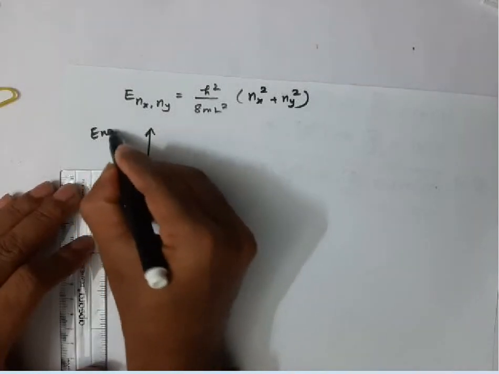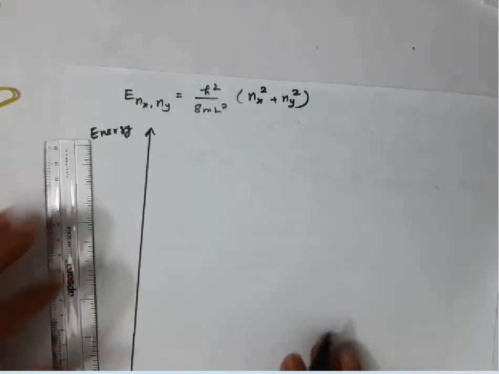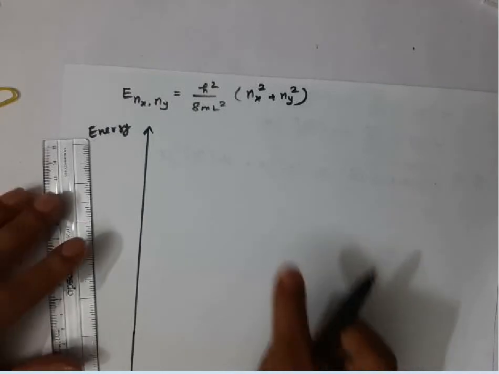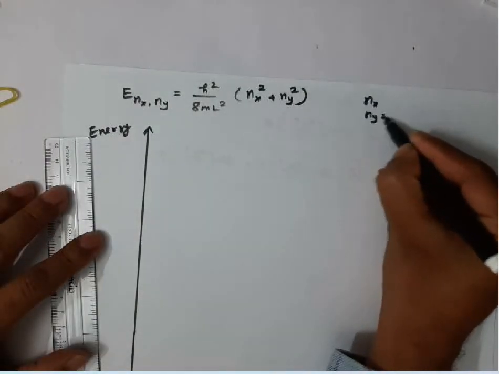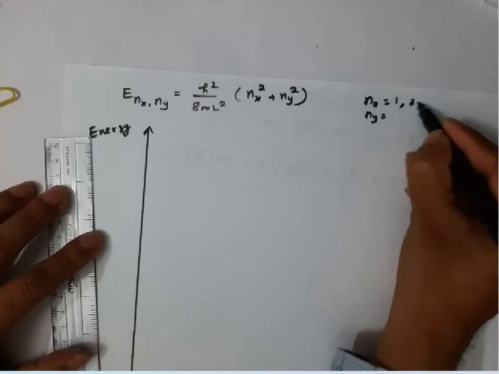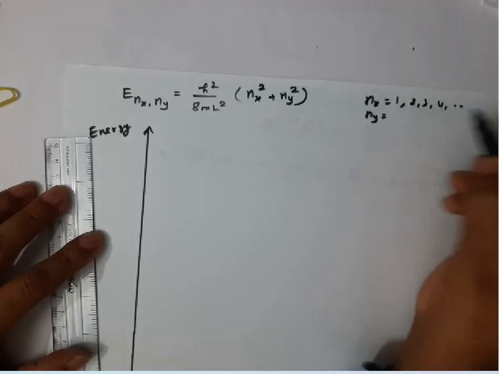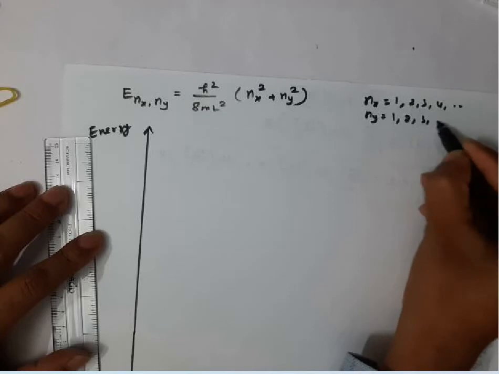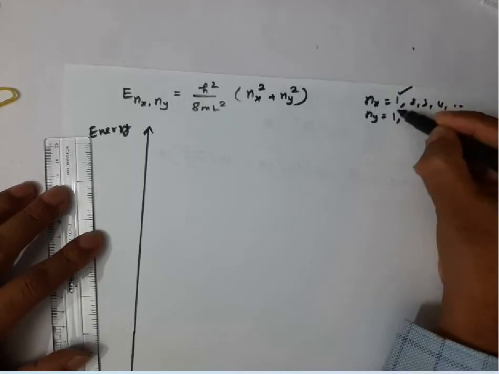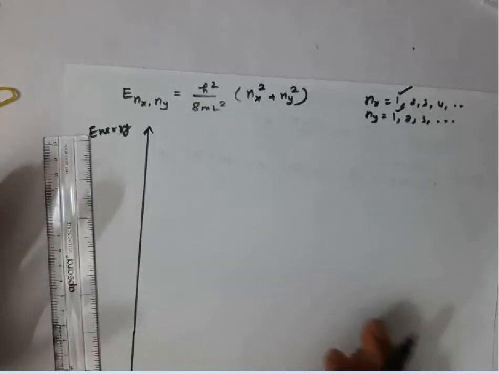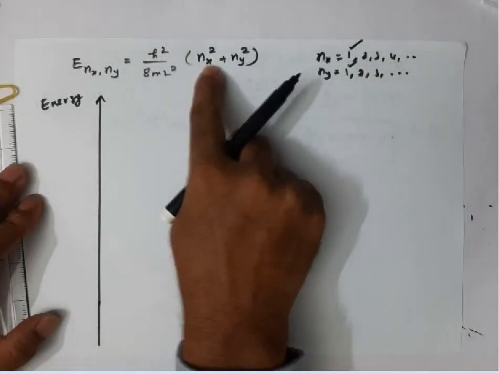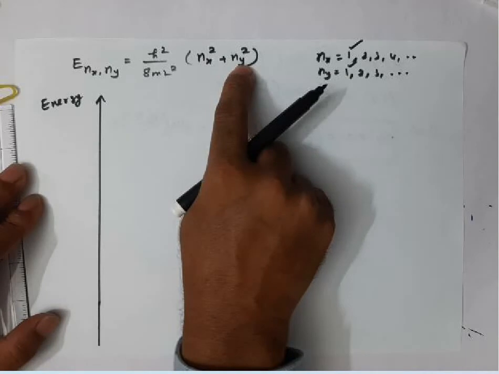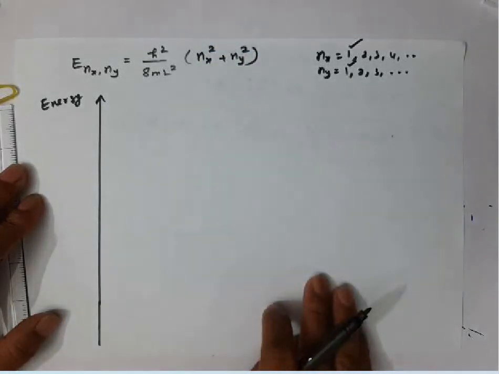Now you know very well nx and ny can take only certain allowed values. What are they? 1, 2, 3, 4, etc. Similarly here 1, 2, 3, 4, etc. So the lowest numbers for nx and ny are 1 and 1. In the place of nx I'll put 1, in the place of ny I'll put 1, and I'll get the lowest possible energy.